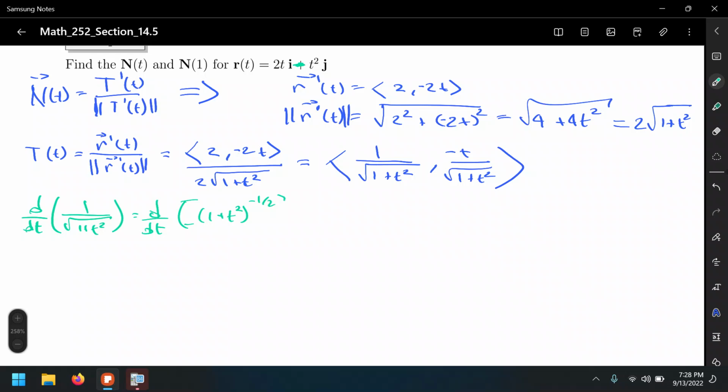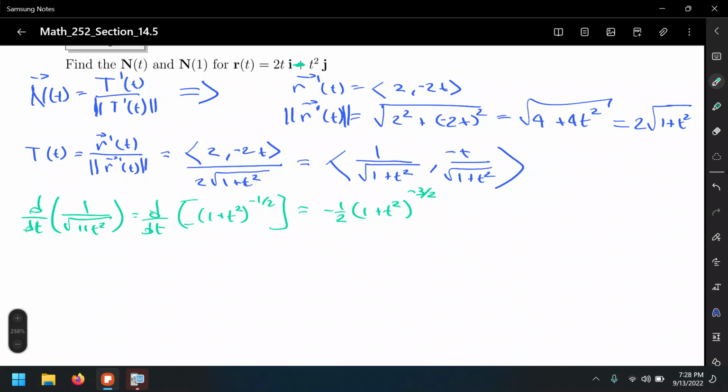So to differentiate this function, we're going to need a chain rule with two layers in this case. So that's negative 1/2 times 1 plus t squared, and negative 1/2 minus 1, isn't that a negative 3/2? Times the derivative of 1 plus t squared.